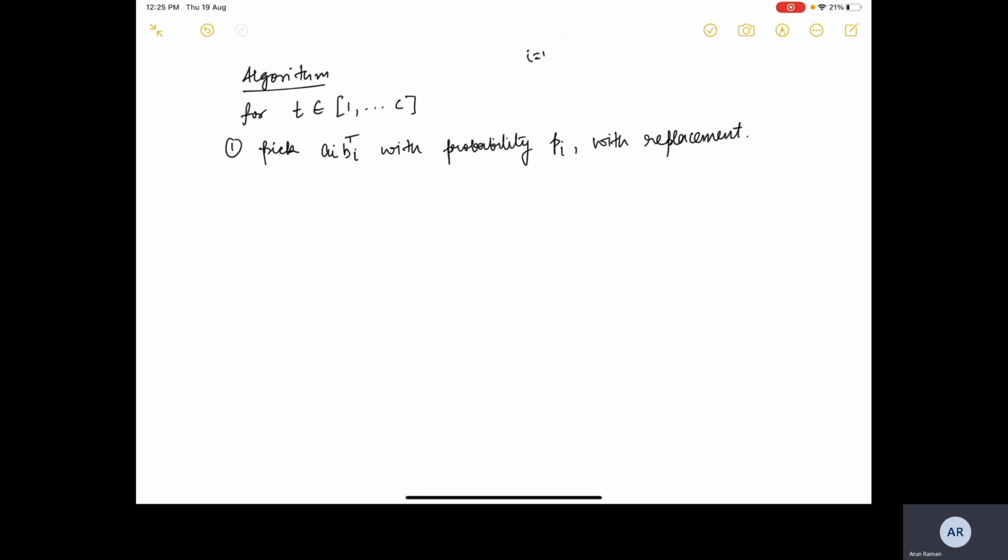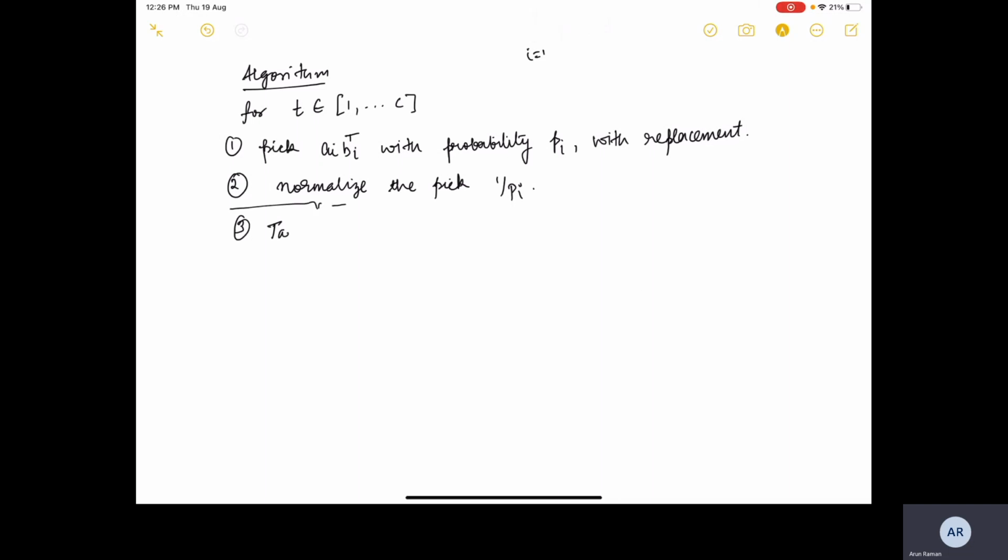It means that we can pick the same terms multiple times as well. Then in the second step, we will normalize the pick by 1 upon pi. We will see later why this normalization is important when we look at the guarantees. And after this loop is done, we take an average of all the sums. Basically, we have to divide by C.